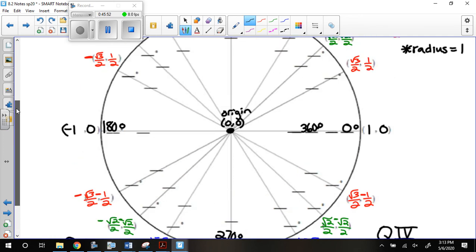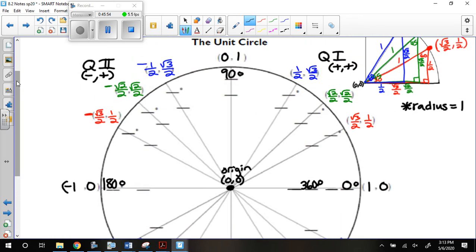Okay, if I'm sitting in quadrant 1, I know that that red ordered pair was from a 30, 60, 90 triangle. And I know that this little measurement right here in this corner by my origin was 30 degrees. So that means this is a 30-degree angle.